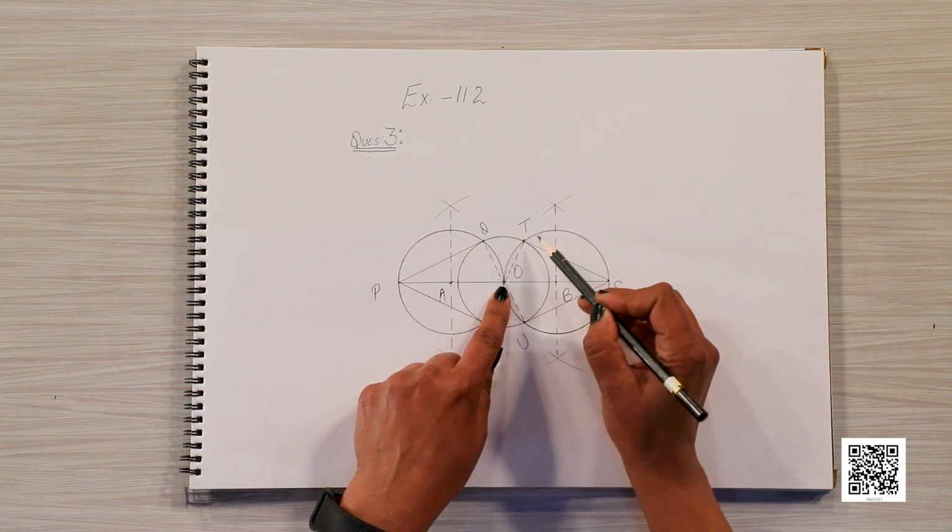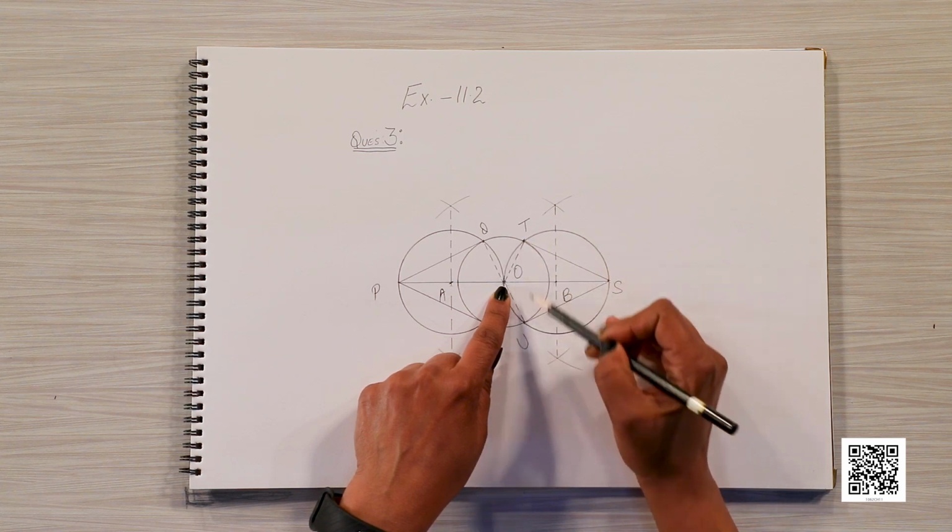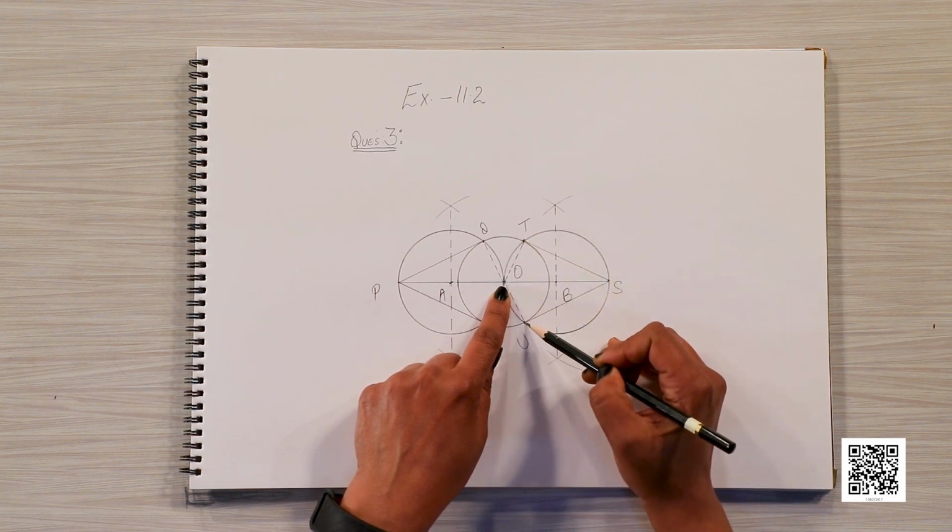The third circle and first circle intersect at 2 points, you can name them T and U.